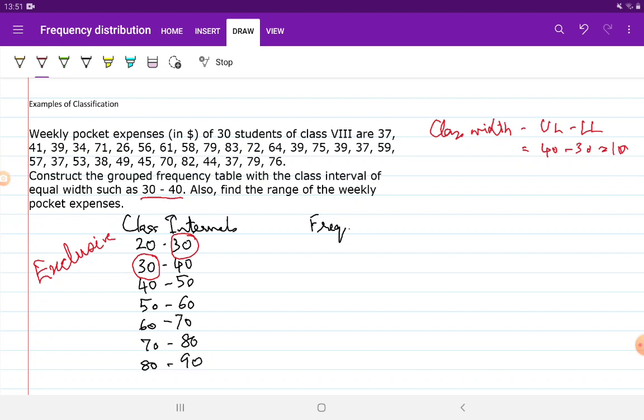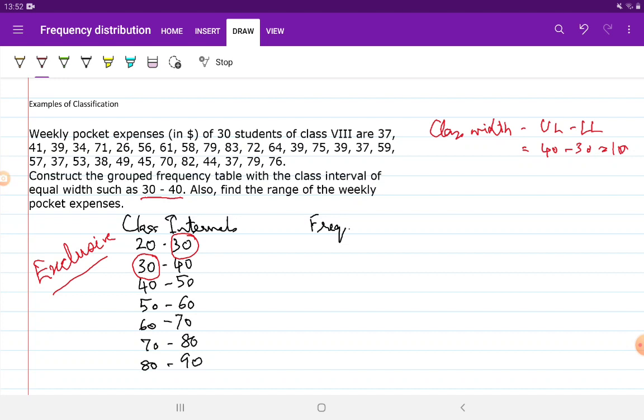So my first interval is 20 to 30. My second class interval will begin with the same number 30, right? The class width in each case is equal to 10, right? So this is called exclusive, where the upper limit of the first class interval is equal to the lower limit of the following class interval.